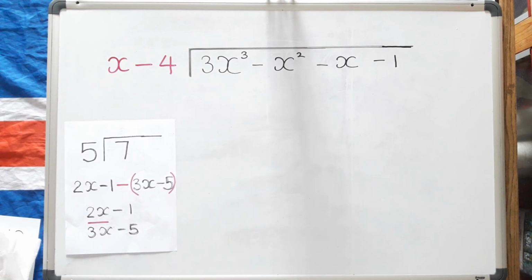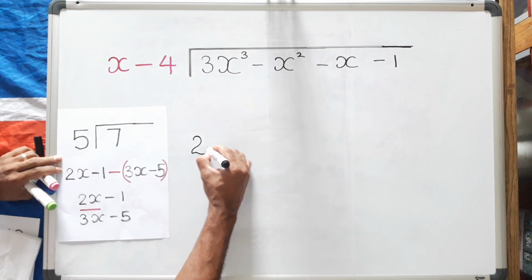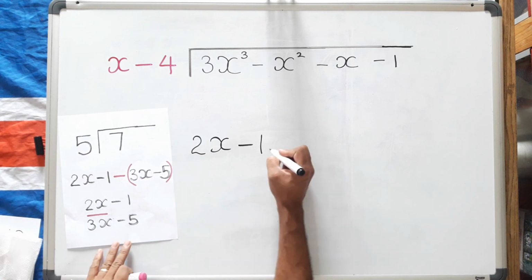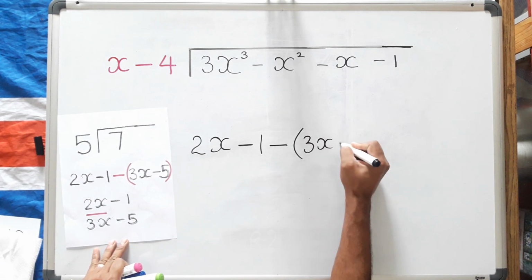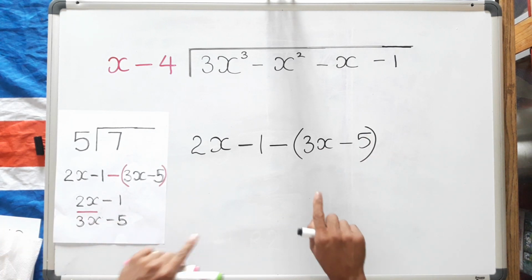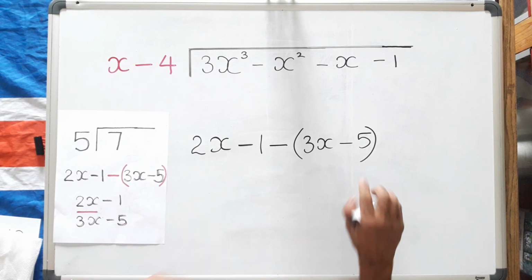Right. Suppose I had asked you to minus these two expressions: 2x minus 1, and I want you to minus 3x minus 5. Now, how would we go about this? To do this, we would have to get rid of these brackets first.